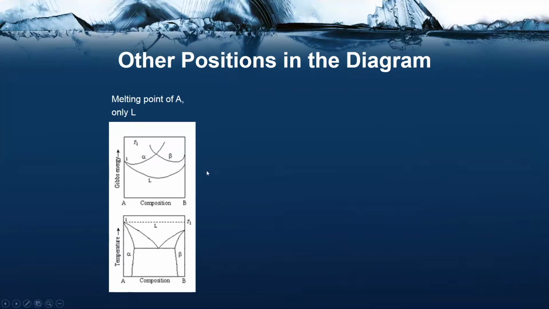At the temperature of T1, the liquid phase has the lowest overall Gibbs free energy of the whole system except at composition A. So at composition A, you can see that the Gibbs free energy is the same for the alpha phase with composition 100% A and the liquid phase with composition 100% A. And in the phase diagram, we can see that this actually represents the melting point of pure A.